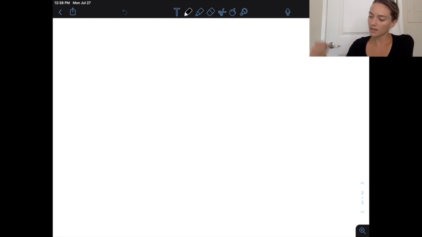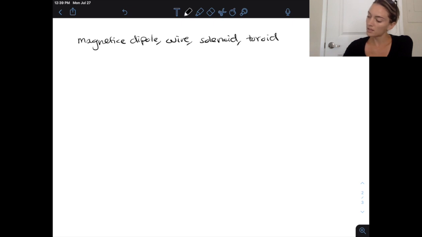So when we're doing problems where we have a magnetic dipole, a wire, a solenoid, a toroid, I think that's everything, a wire loop, and we want to find the magnetic field or vice versa of any of these, we use a cylindrical right-hand rule. The cylindrical right-hand rule is a little bit easier because there's really only two directions you have to worry about: the phi hat and the z hat direction.